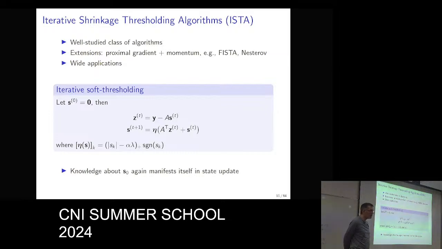We know that the problem is sparse. We know that L1 is a good proxy to L0 for sparsification, and we designed that function based on that knowledge. So our iterative scheme now has two steps, but the second step has this denoising function, this denoising component that captures the knowledge that we have about s_t.